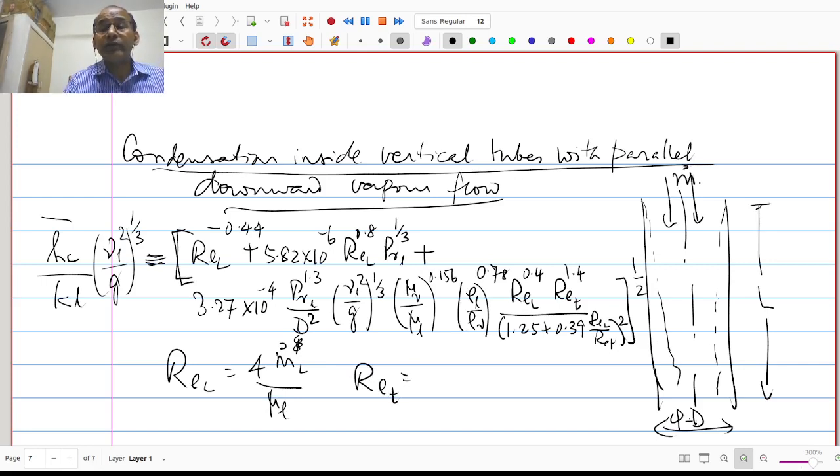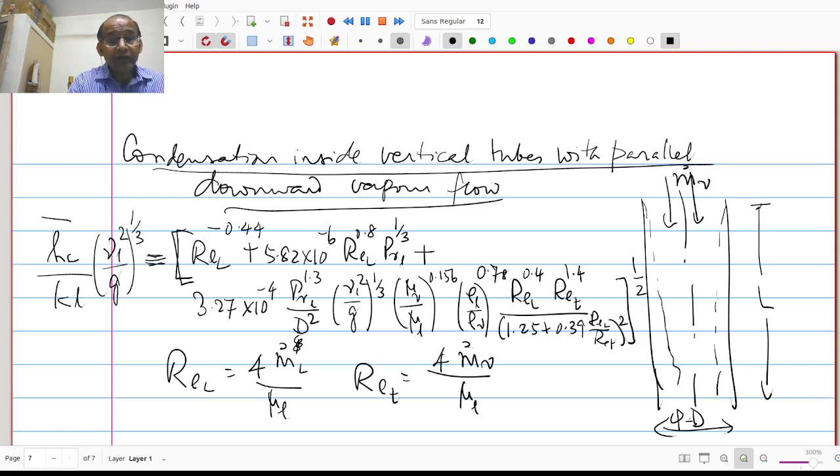If m dot V is the total mass flow rate of vapor that is entering, it forms the upper limit of condensation that can ever happen. So this is defined as 4 times m dot V divided by mu L, that is Re_T. So Re_L by Re_T will basically define m dot L by m dot V, which is the fraction of liquid that has condensed in the process.